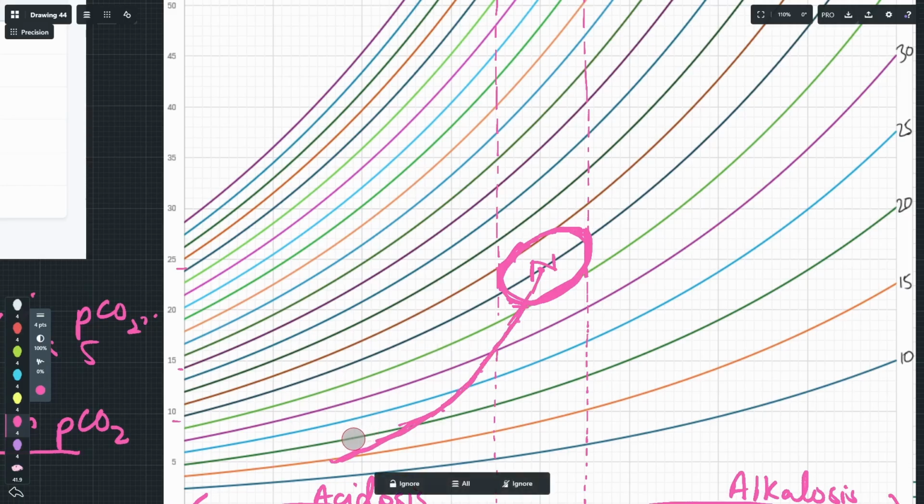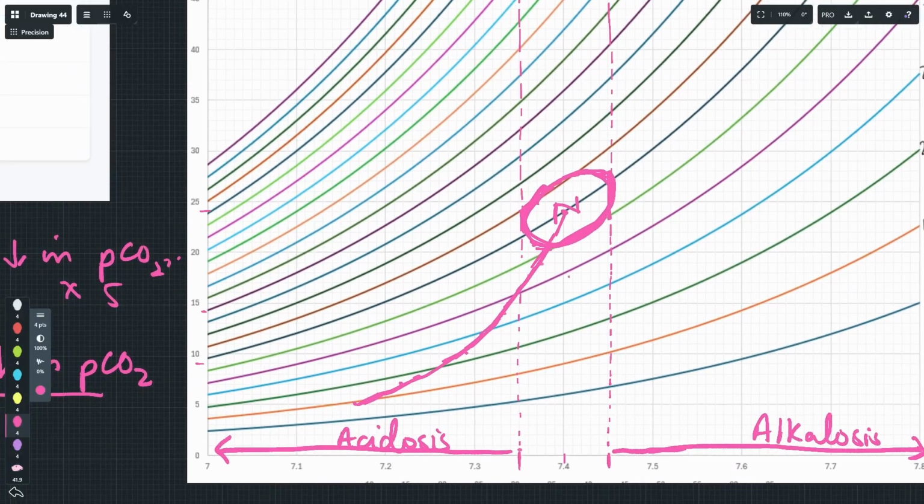Now understand one thing: the compensation, as Dr. Najib says, our body has not read the books. So compensation is not always going to be perfect. There would be some degree of variation. The central line is like a perfect compensation, but in the real world it would look somewhat like this.